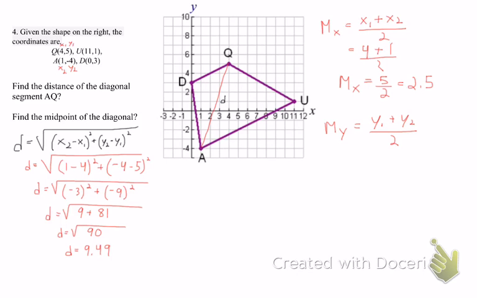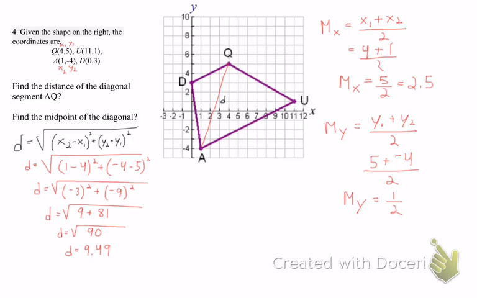Now for our y. Our y1 comes from our Q, so it's 5, plus our y2, which comes from our A, is negative 4. And we want to divide that by 2. So we get that my is equal to 1/2.